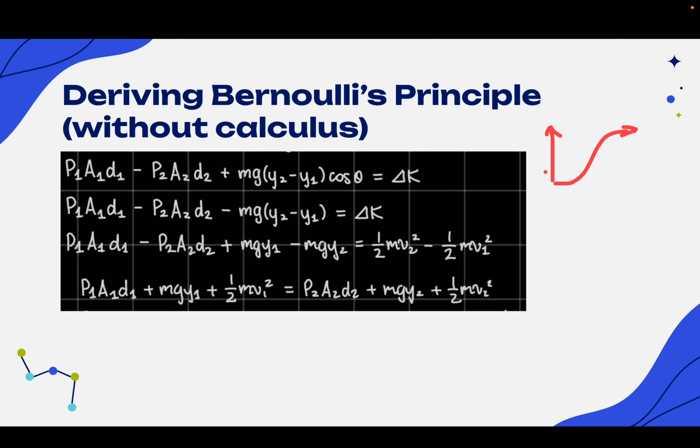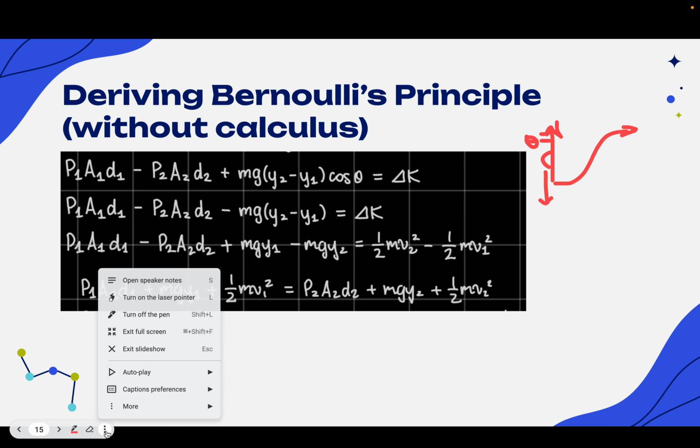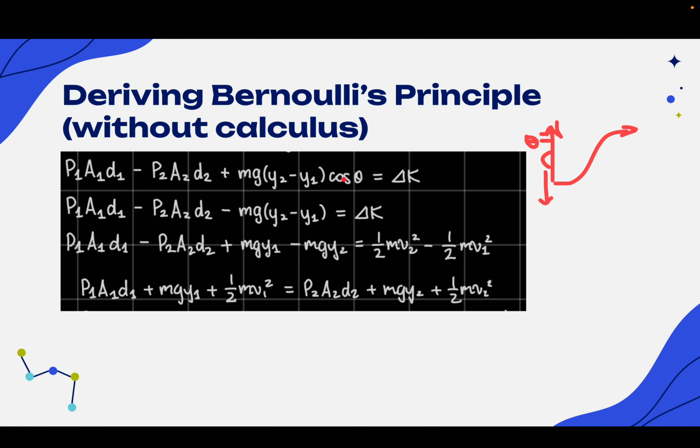But the force of gravitation moves downwards. So the angle between these directions is 180 degrees. We substitute 180 degrees here, and cosine 180 degrees is -1. So we change the sign here, and then we just use the distributive property to get these two terms.